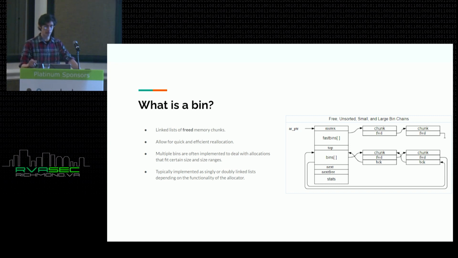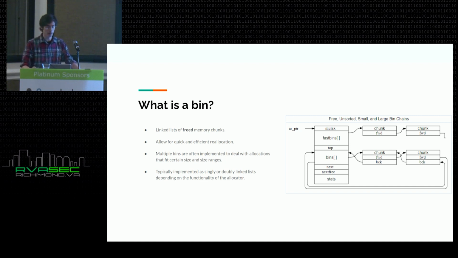Every next field pointed to the next chunk. That works great if you are not keeping track of the size of the chunks, or if you don't have to do any kind of sorting or anything like that. A doubly linked list is definitely more efficient when you do have to do sorting, because you're able to insert and extract from the middle of the list, which becomes very important.